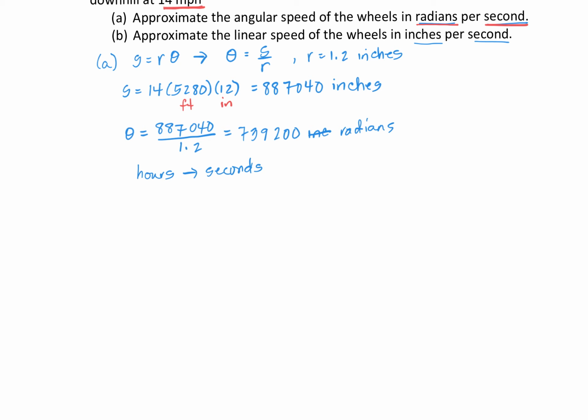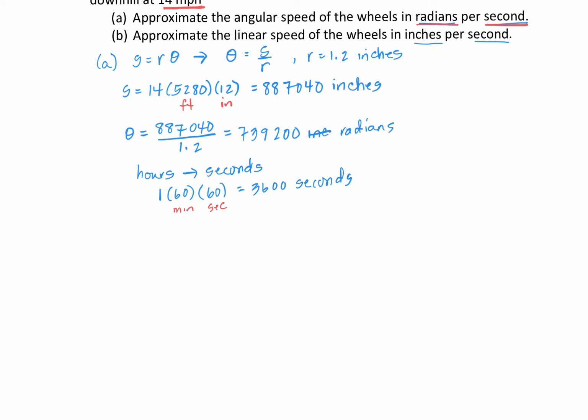We have miles per hour, so we have 1 hour. There are 60 minutes in an hour, and then there are 60 seconds in a minute, which gives me 3600 seconds. Oh, that was a lot of converting.